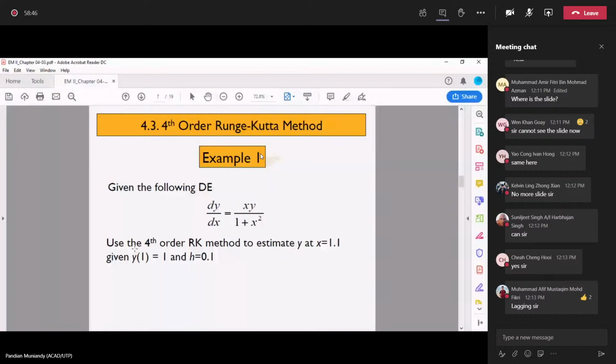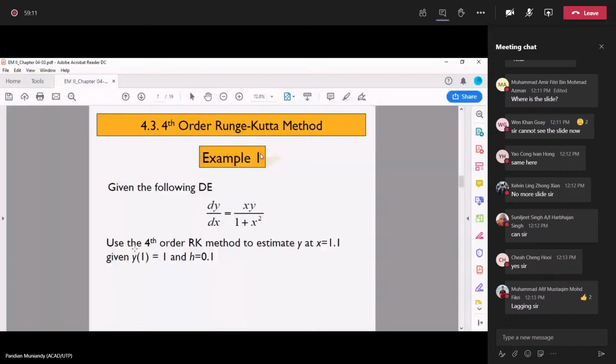So if I start with x naught, y naught, that is the meaning. X naught is 1, y subscript 0, we call it y naught, is 1. At x1, the next x, 1.1, what is my y1, y subscript 1? That is the question. That is the story of this problem.